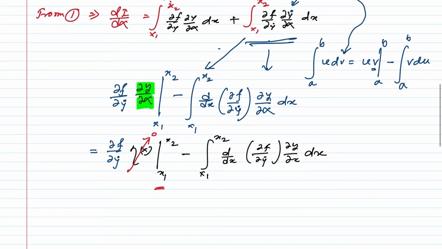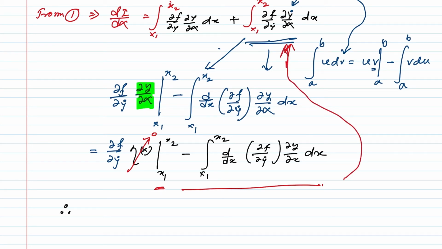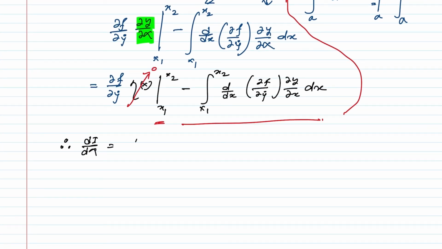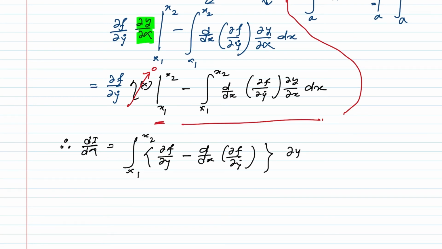That is why, if you integrate this from x1 to x2, this value must be equal to 0. So now, putting this here, from this we will get dI by d alpha is equal to integration from x1 to x2 of, within curly bracket, del f by del y minus the d by dx of del f by del y dot, bracket close, then del y by del x.